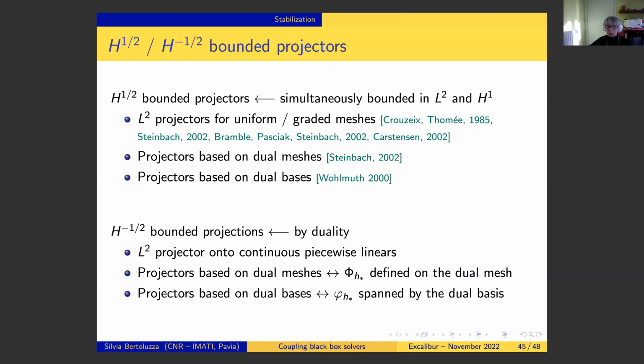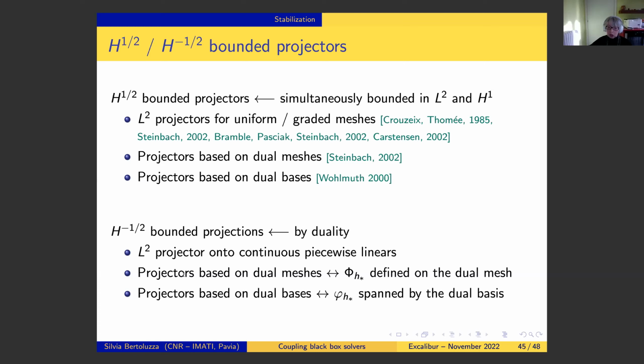One could use projectors based on dual meshes or projectors based on dual bases. And by duality, you can construct an H^-1/2 bounded projection. So the L2 projector onto continuous piecewise linears turns out to be bounded in H^-1/2, provided the same grading assumptions are satisfied as for the H^1/2 projector.